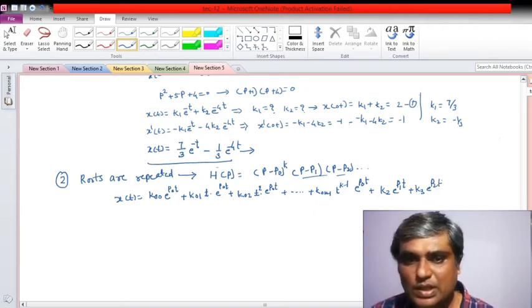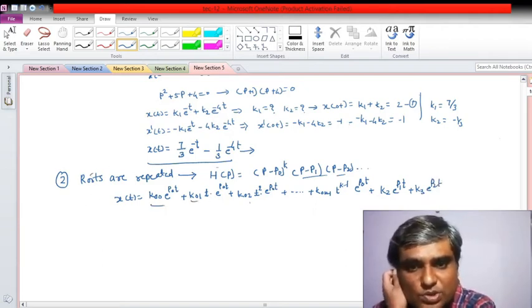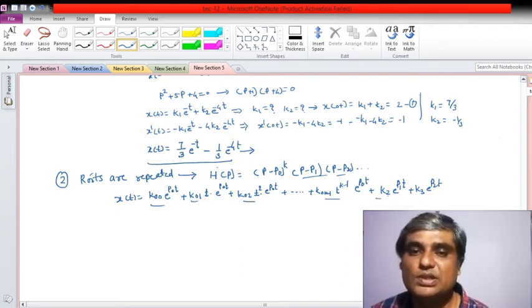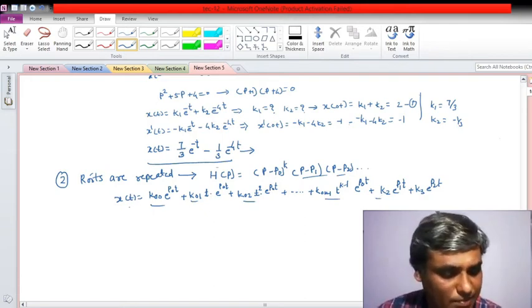Now I would like to know what k00, k01, k02 are. These constants will be determined by the same process as we have seen for the first case, that is, with the initial conditions.